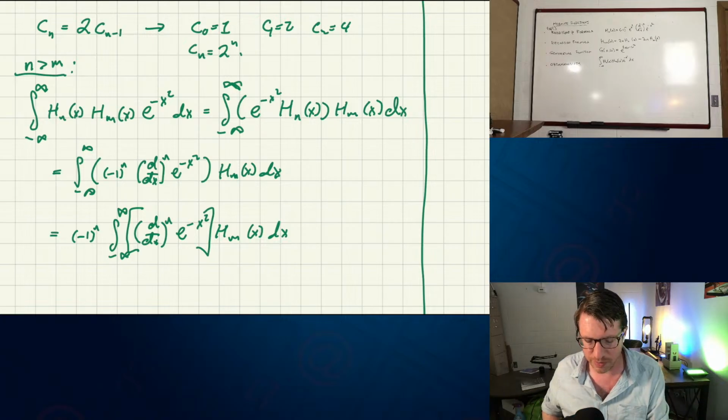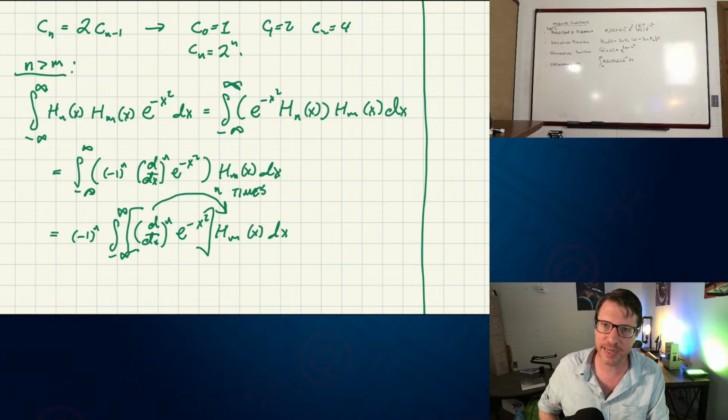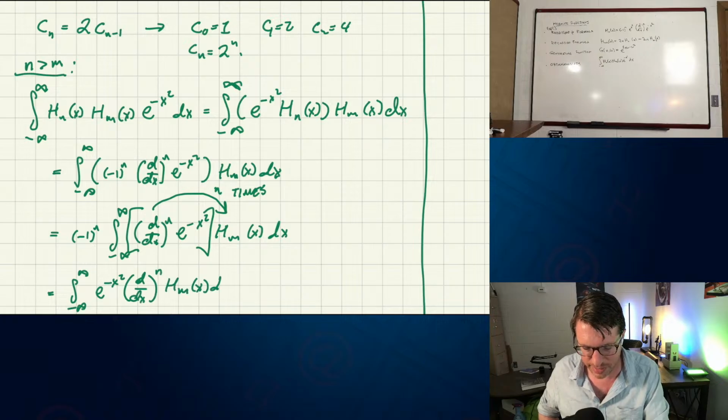And so if we move derivatives over to here and we do this n times, then we come out with a (-1) to the n. We're just going to cancel that other (-1) to the n. So this is equal to the integral of e to the minus x squared times d by dx to the n of Hm of x dx.